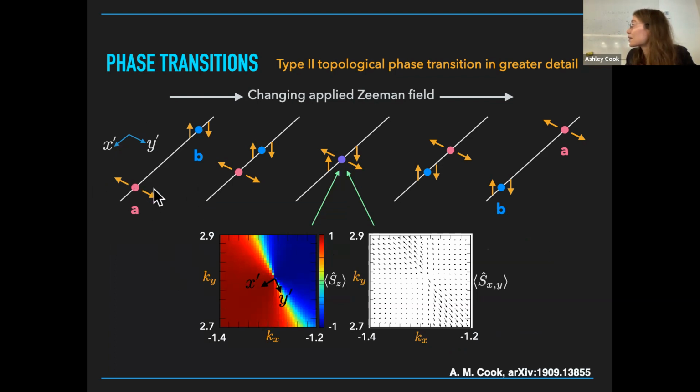There was a point across which the in-plane component was changing in sign, and another point across which the out-of-plane component was changing in sign, and they moved towards one another along a line. And then at the phase transition, they coincide, and the magnitude of the spin goes to zero without the closing of any energy gaps. Again, I'll say it, in an effectively non-interacting system while respecting the symmetry protecting the topological phase. And then after the phase transition, they have been interchanged.